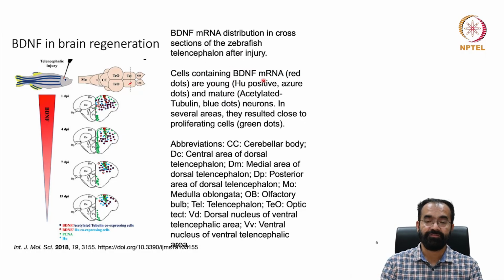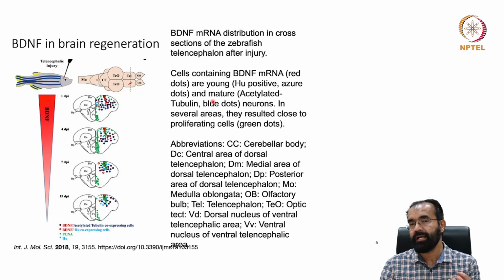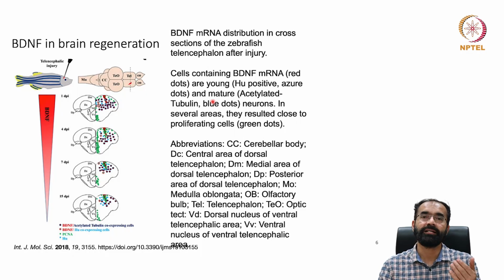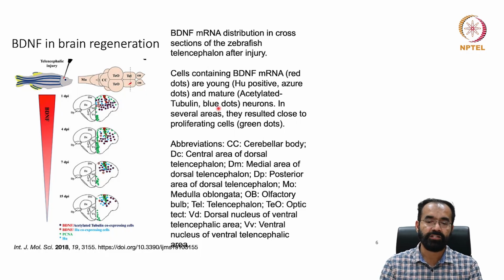Cells containing BDNF mRNA are shown in red dots, and also in young, HuC positive, and mature neurons. And mature neurons have acetylated tubulin. That marker is an indicator of a mature neuron, whereas HuC expression is a neuron only, but it is a young neuron, and they are shown in blue dots.